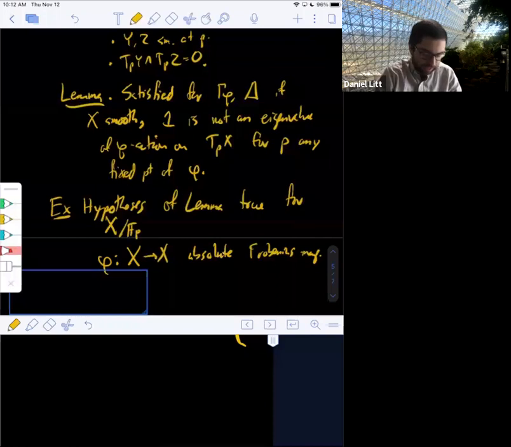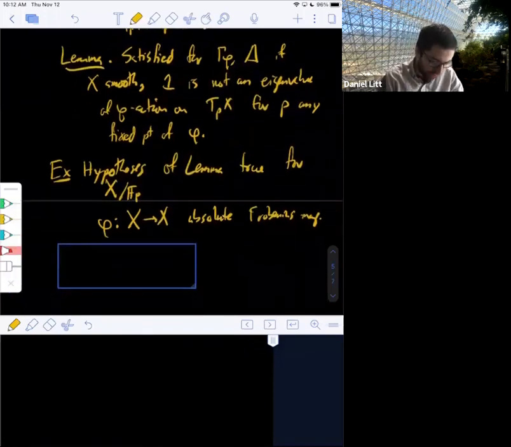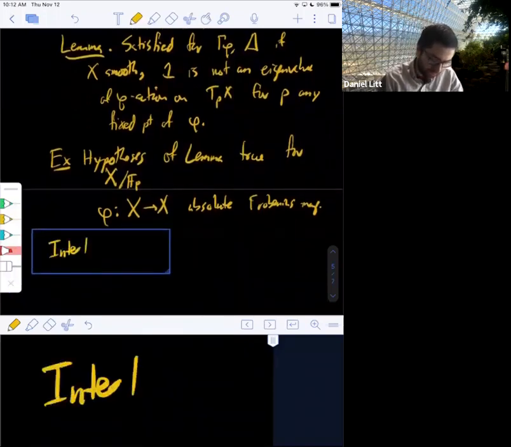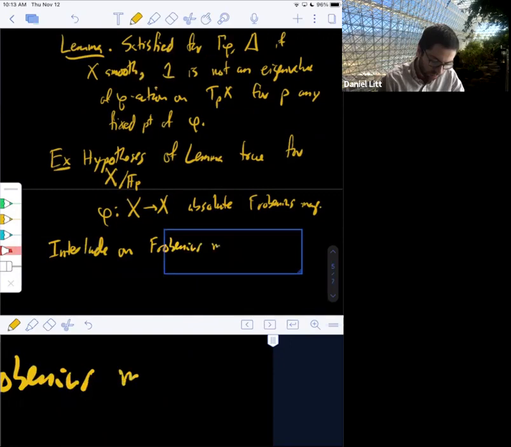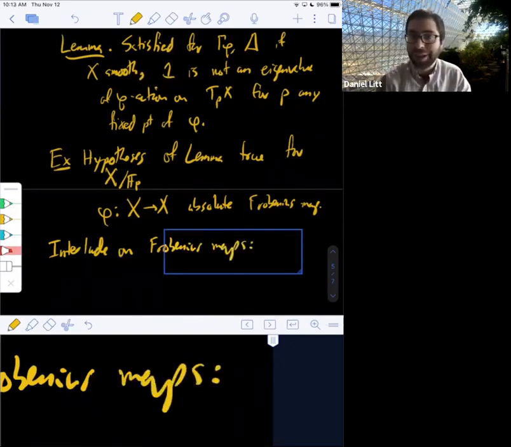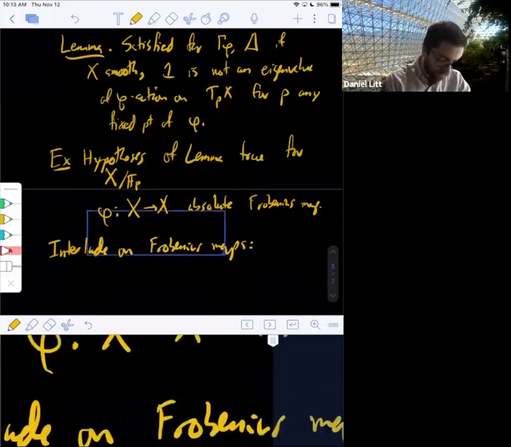Okay, so ultimately, let me make a brief interlude on Frobenius maps, because I think we have to do it now. We're about to start proving the Weil conjectures. So now is your time to ask questions about stuff that's before the Weil conjectures. All right, great.